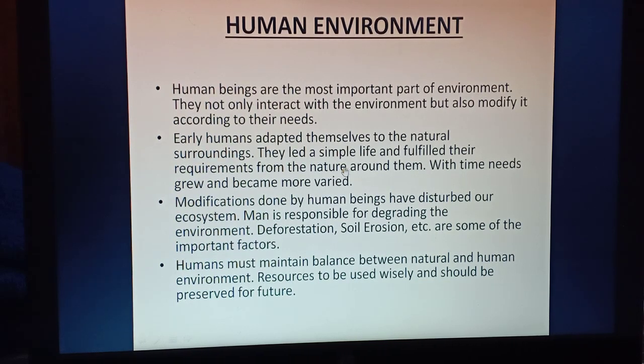Because of this, modifications done by human beings have disturbed our ecosystem. Man is responsible for degrading the environment. Deforestation, soil erosion, etc. are some of the important factors. Humans must maintain balance between natural and human environment. Resources should be used wisely and preserved for the future.